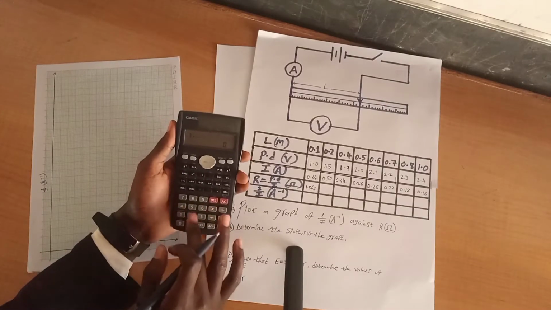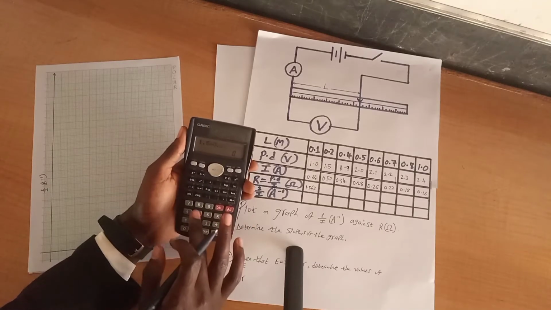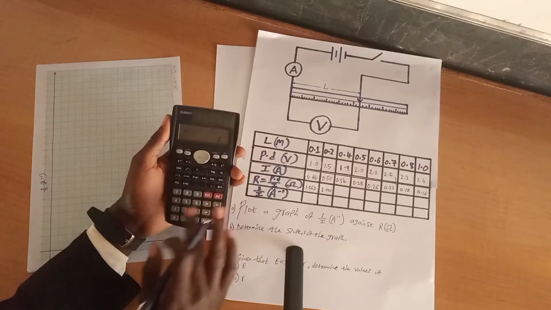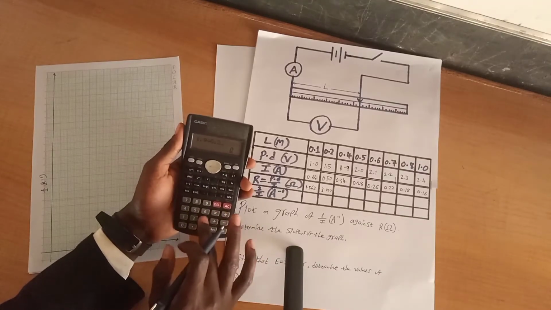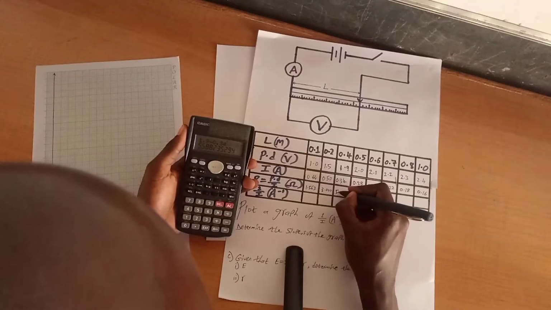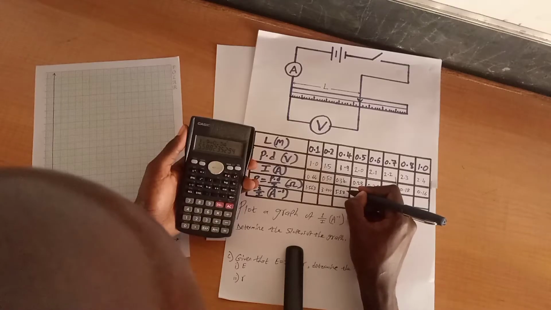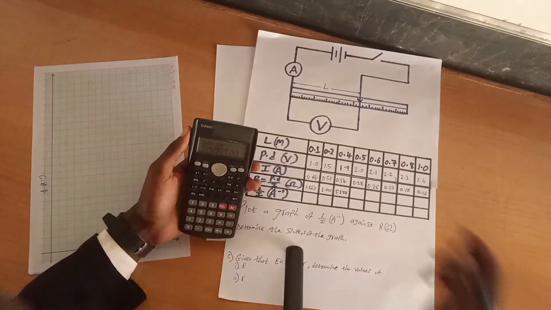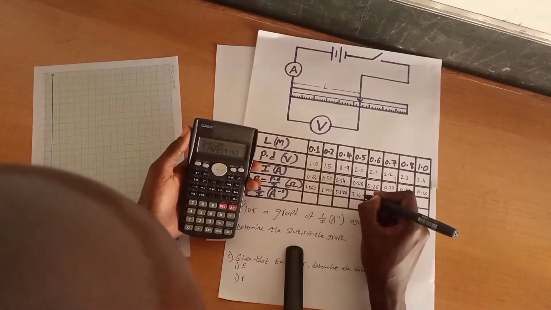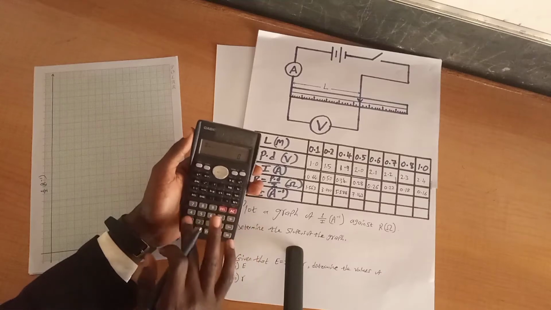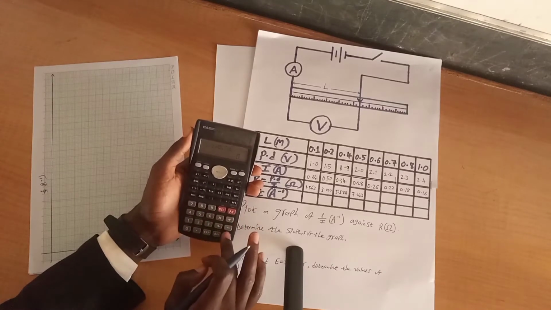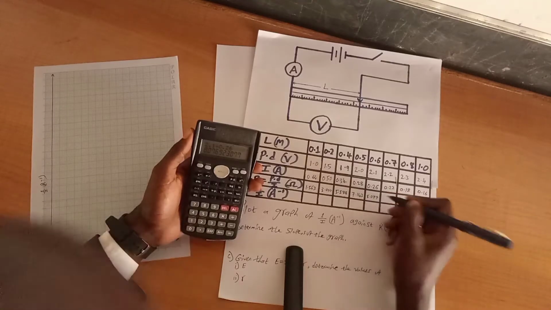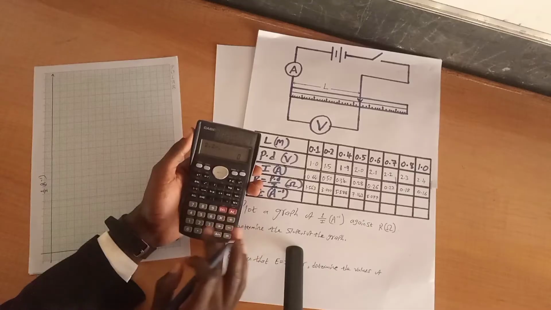Then 1.5 divided by 0.50 is 3.000. 1.9 divided by 0.34 gives us 5.588. 2.0 divided by 0.28 is 7.143. Then 2.1 divided by 0.26 is 8.077.